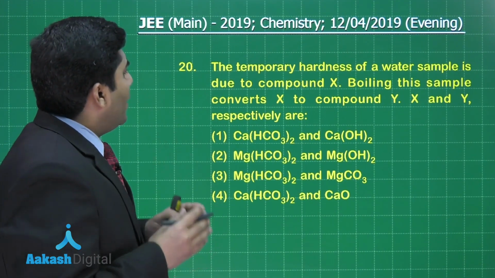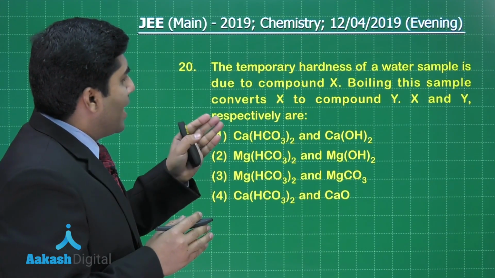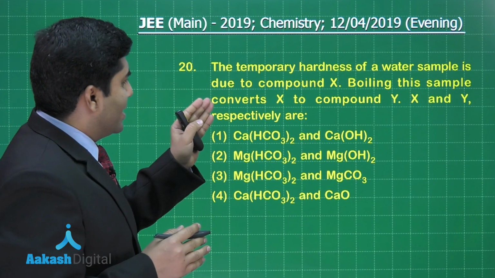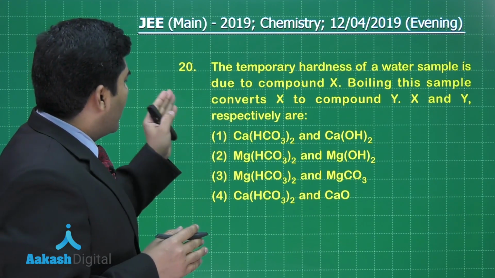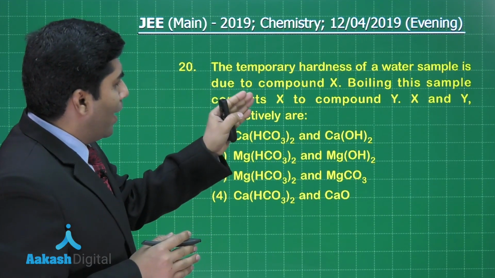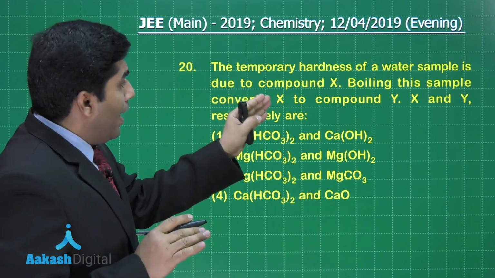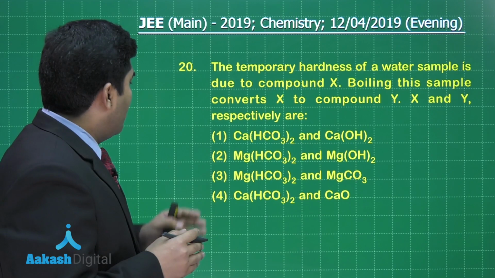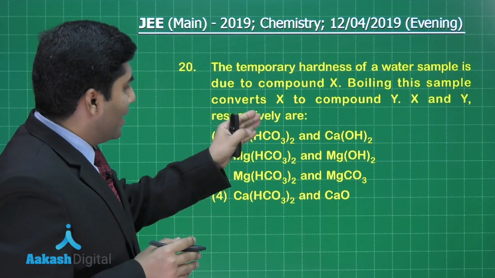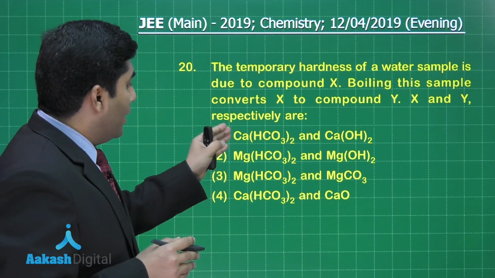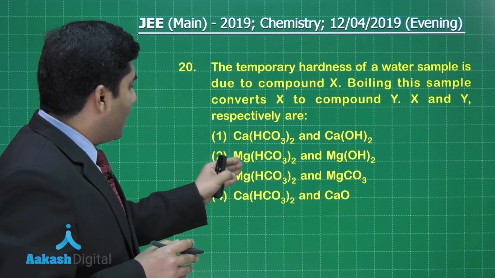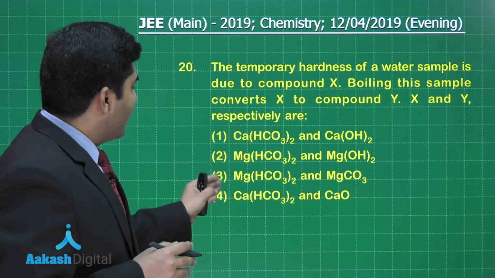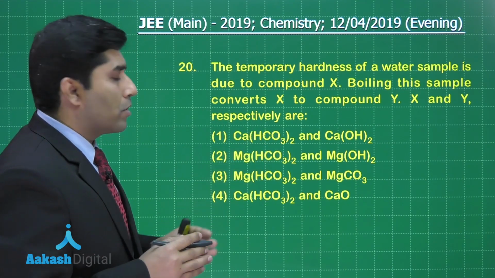Now, the temporary hardness of a water sample is due to the compound X. Boiling this sample converts X to the compound Y, right? X and Y respectively are, the options given to us: calcium bicarbonate and calcium hydroxide; magnesium bicarbonate and magnesium hydroxide; magnesium bicarbonate and magnesium carbonate; calcium bicarbonate and calcium oxide.